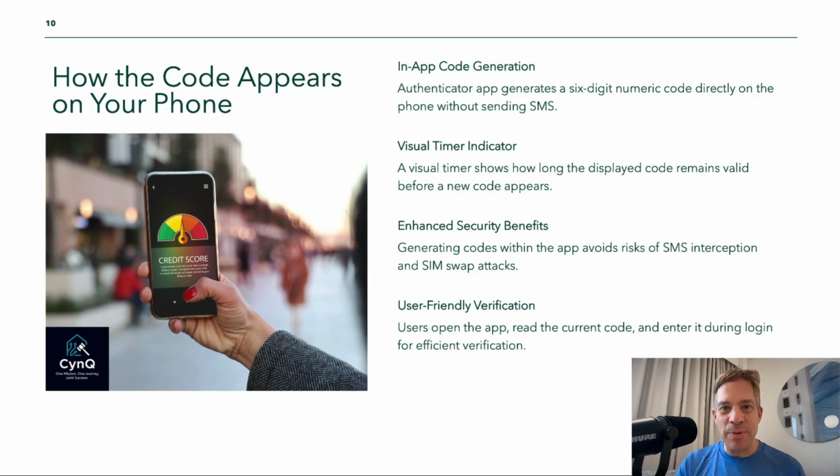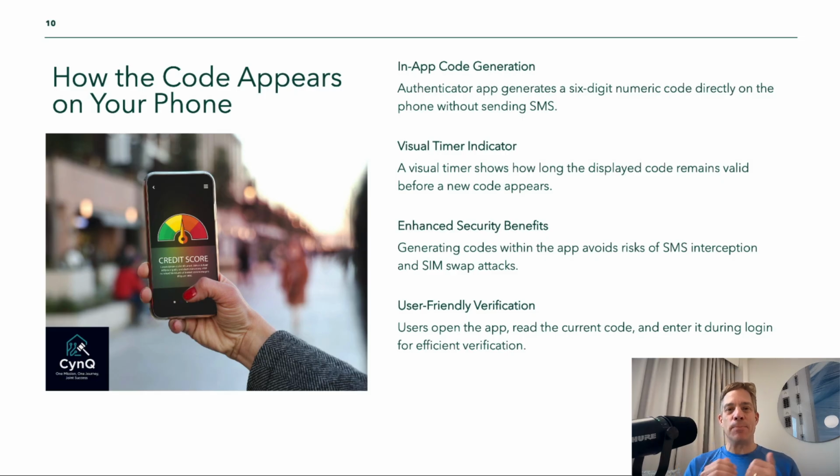There's no message being sent, no network dependency, and nothing that can be intercepted in transit. The user simply opens their Authenticator app and they'll see a 6-digit code along with a visual timer showing how long that code is valid, typically around 30 seconds.